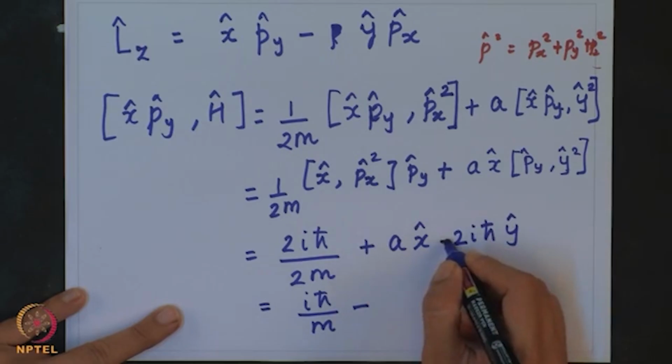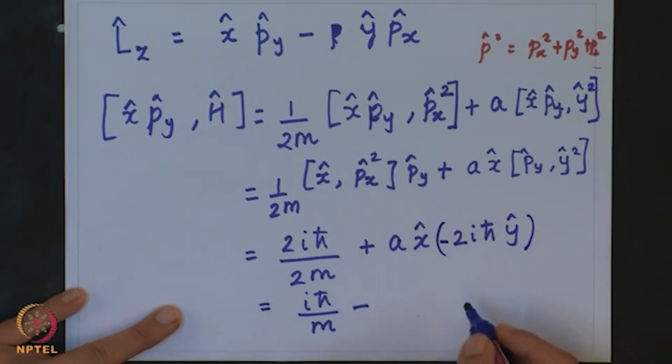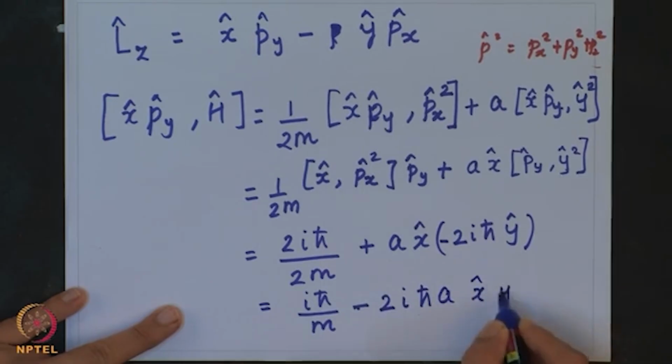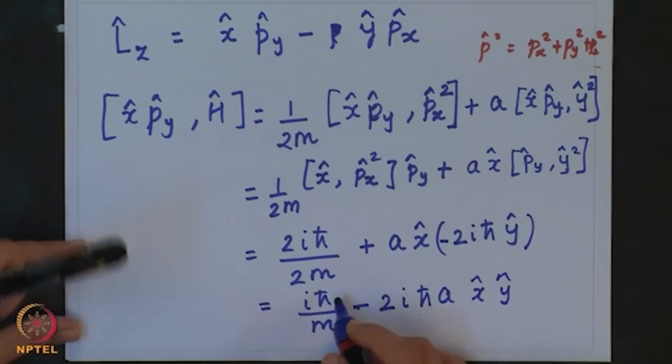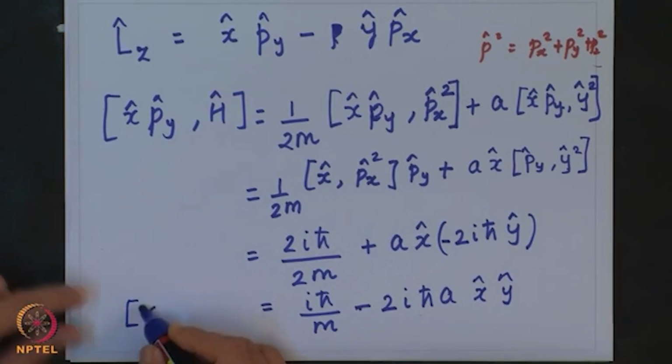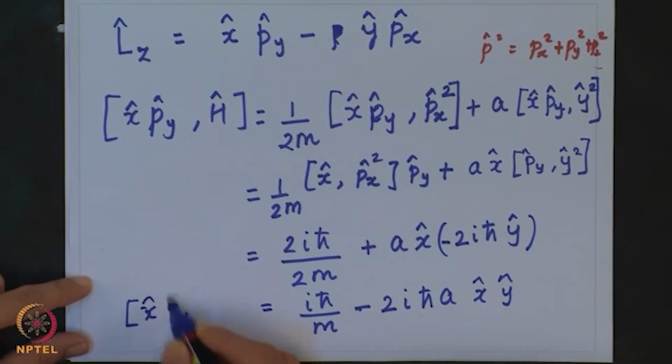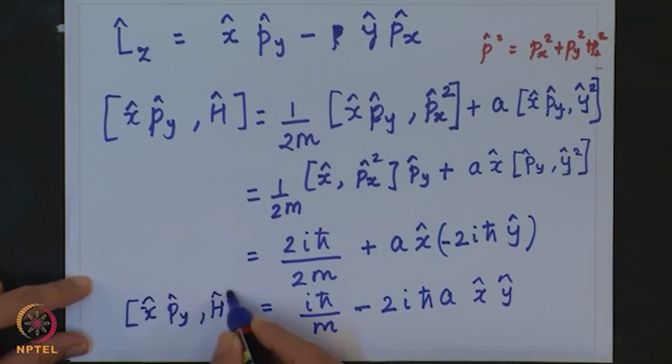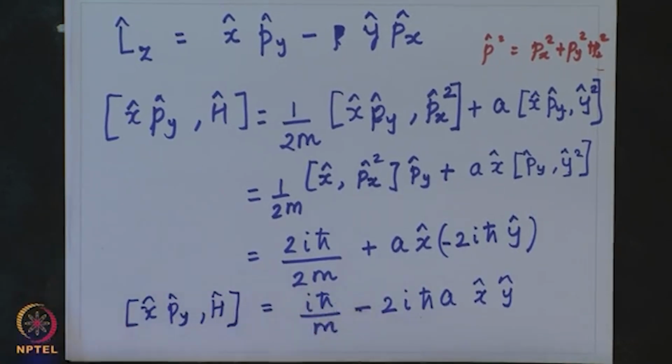So I will have minus 2i h cross a x cap y cap. This is the result I get after simplification. This is x py.